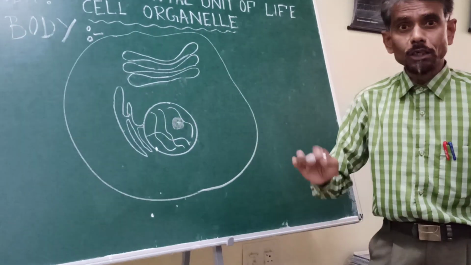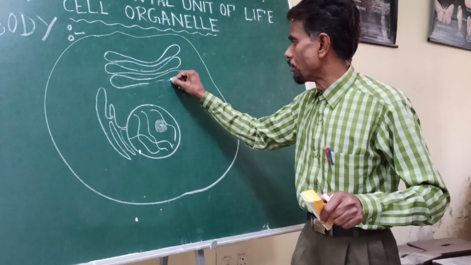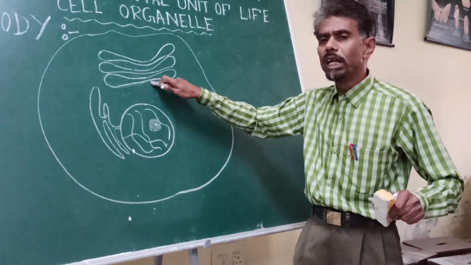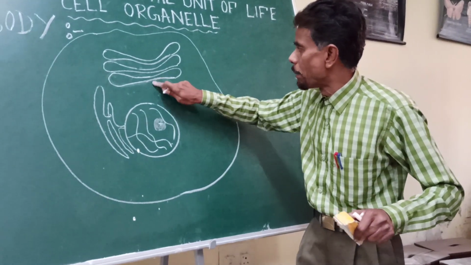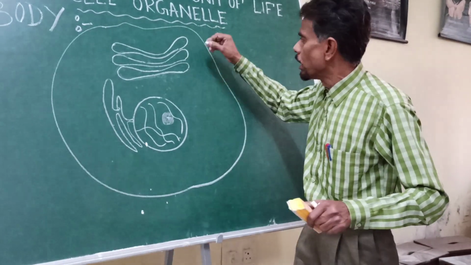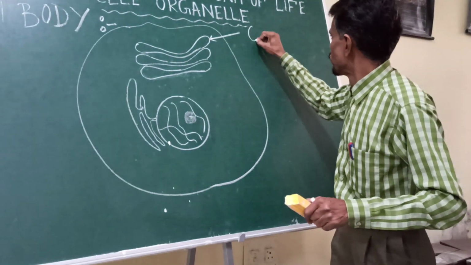This Golgi apparatus or Golgi body has two faces. If you observe carefully, this is the face adjacent to the nucleus side. The individual structure of the Golgi body is called cisternae.